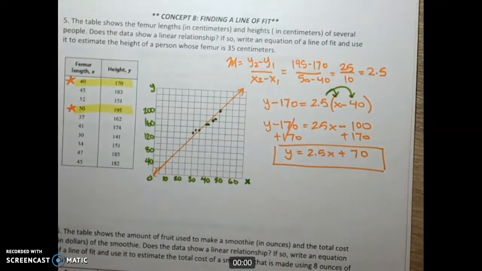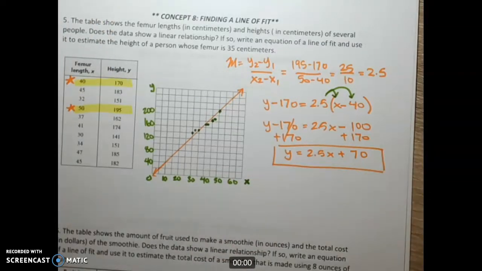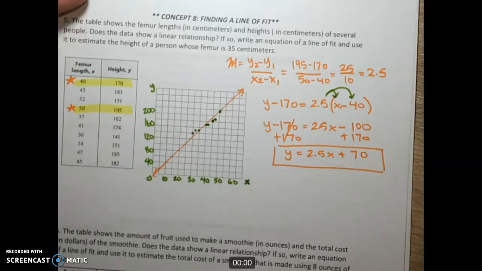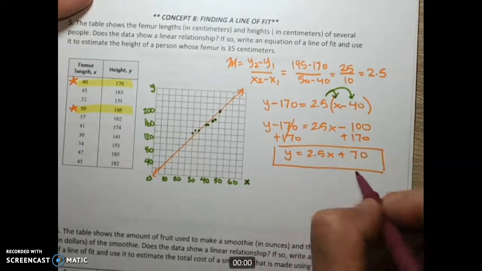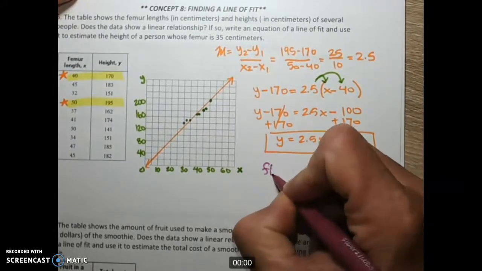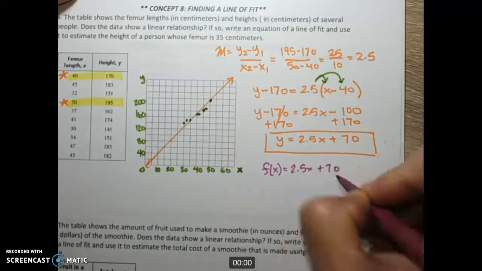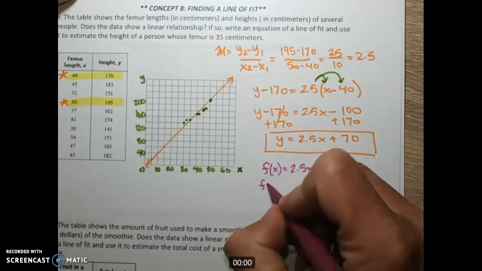Then what I want to do is estimate the height. I have a 35 centimeter femur. Okay, so all I'm going to do is convert this to a function. So I say f of x equals 2.5x plus 70. Put 35 in there for x.